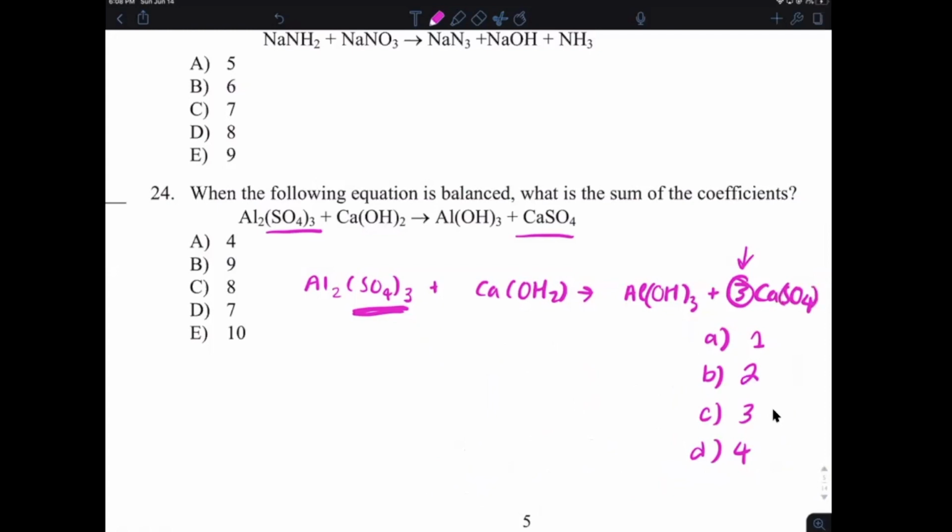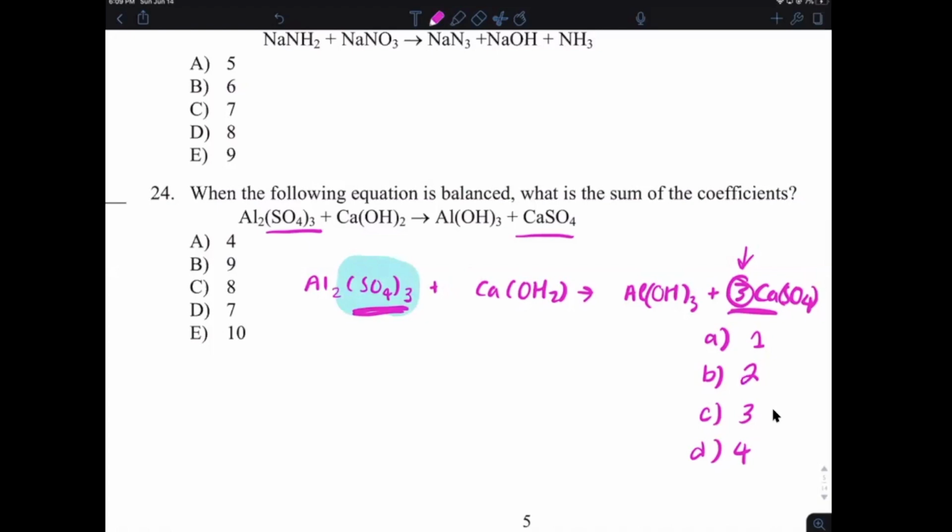So what's the next thing we should do? Well, why don't we take care of the calcium, right? So if we have 3 on this side, what should go right here? Sorry, how'd you get 3? How'd I get 3? I'm trying to balance the SO4, okay? And I know there are 3 on this side, so there should be 3 on this side too.